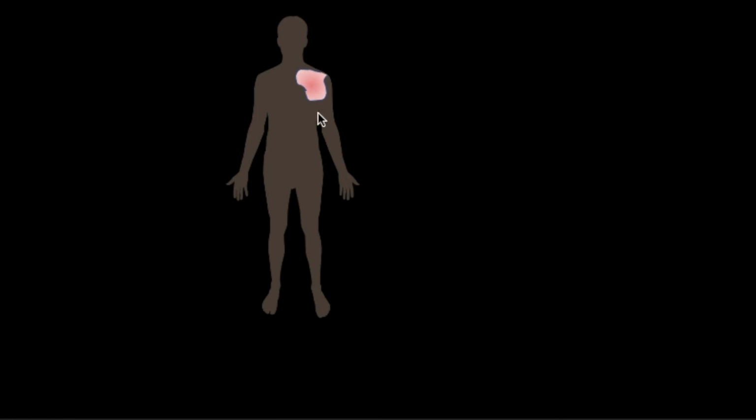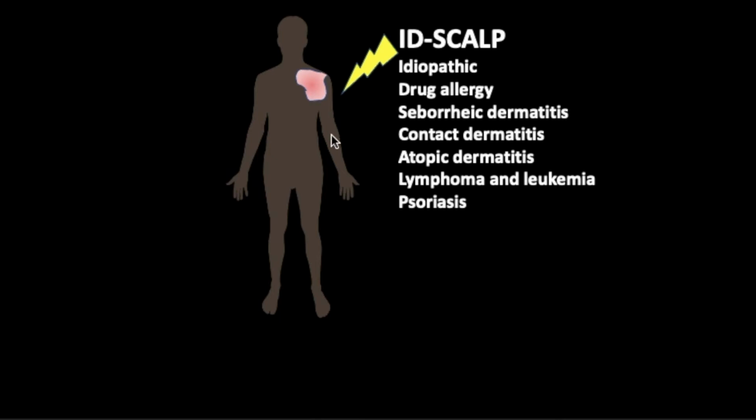So another disease in this category is a disease that starts with a localized lesion on the body and then is associated with the pneumonic ID scalp, either idiopathic, drug, or seborrheic dermatitis, contact dermatitis, atopic dermatitis, lymphoma or leukemia, and psoriasis.